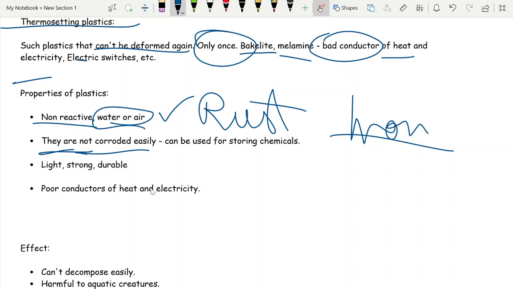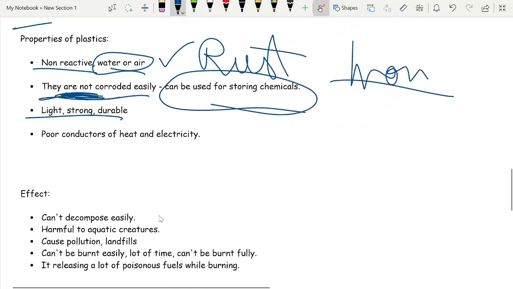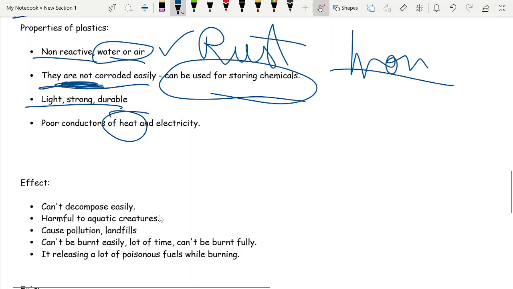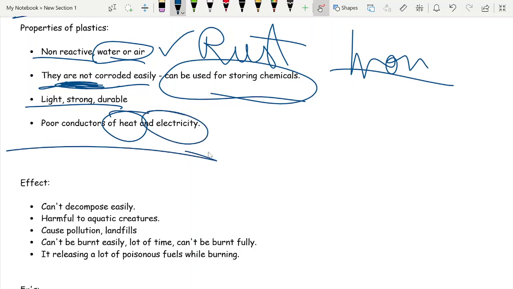If you have chemicals in glass or something like that, their properties normally disappear. They corrode easily, but plastic does not corrode easily, so it can be used for storing chemicals. They're light, strong, durable. They're poor conductors of heat and electricity, as we talked about before.